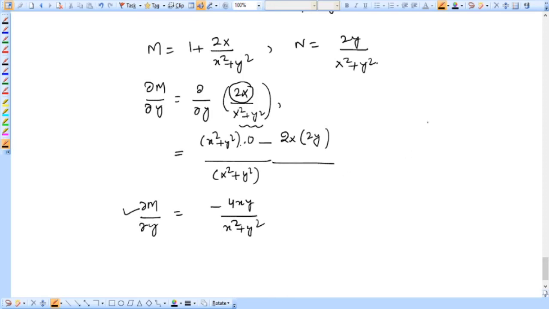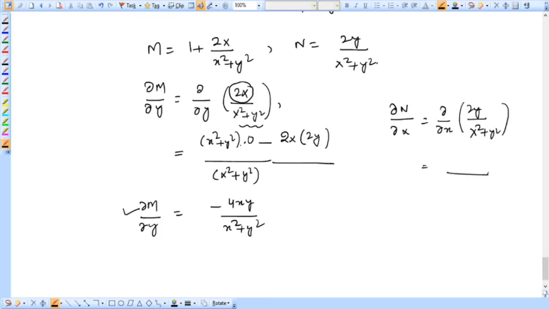So let us check what would be ∂N/∂x. It is equal to ∂N/∂x of 2y over x square plus y square.